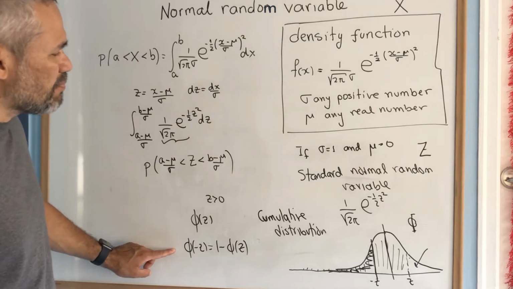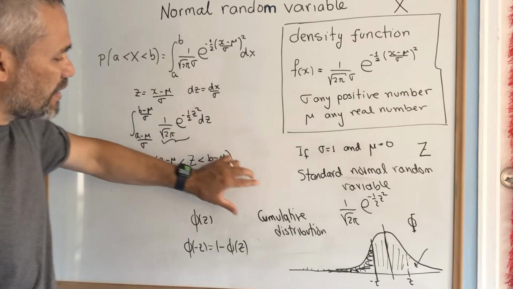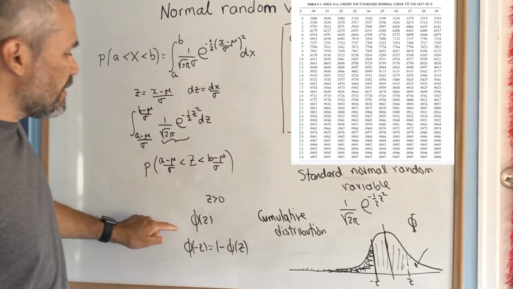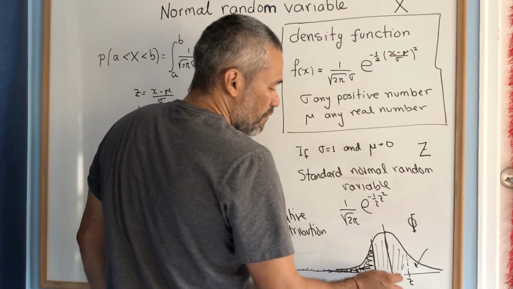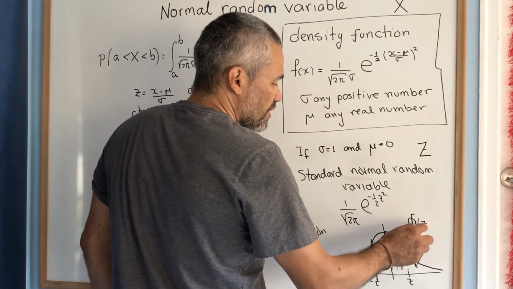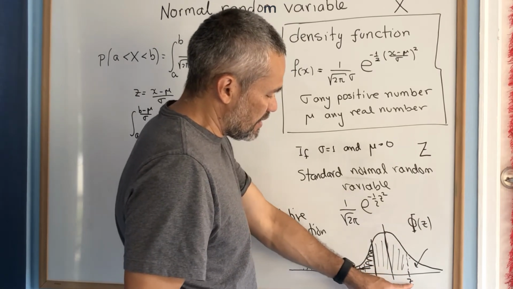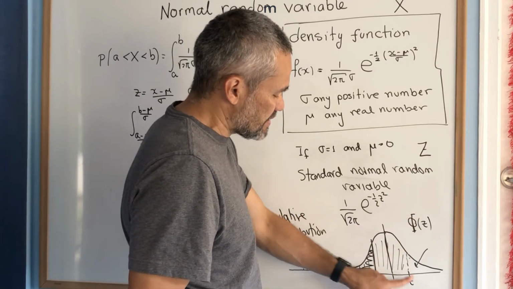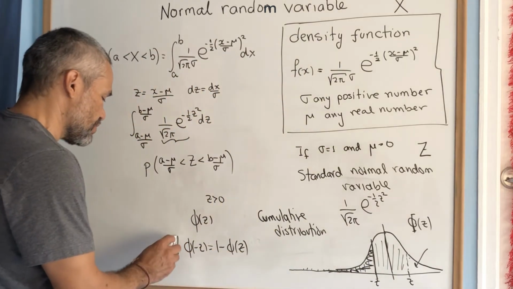And why this is important: since this integral is impossible to do, we have to rely on some table. And the fact that there is a connection for the cumulative function when c is bigger than 0, between the cumulative function evaluated at c and the cumulative function evaluated at negative c, this is the connection.